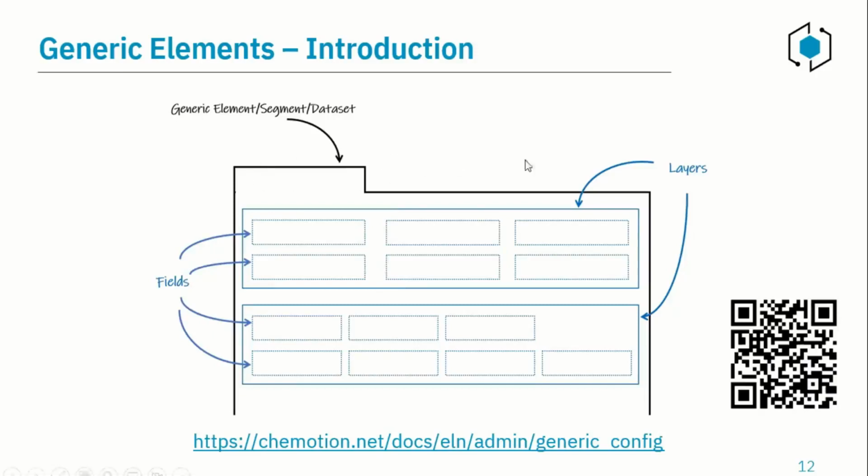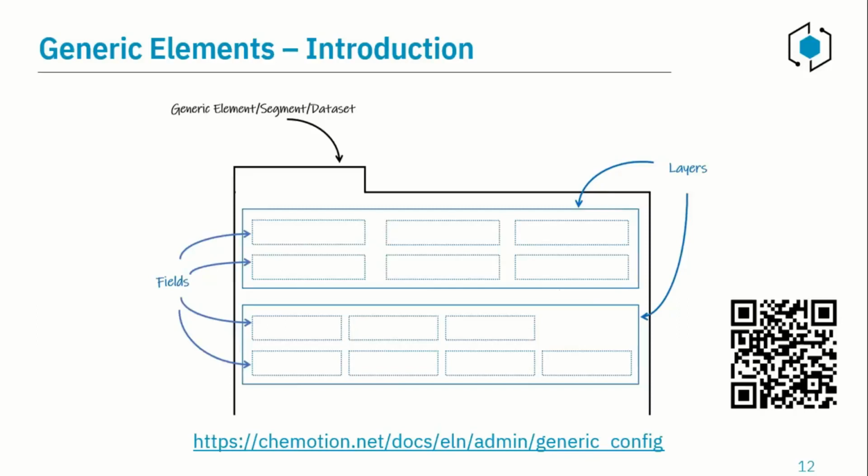In each of these elements or segments, you have a substructure with layers, and in each layer there are multiple fields. So this is the basic build-up of elements in the ELN, and this also applies to generic elements.